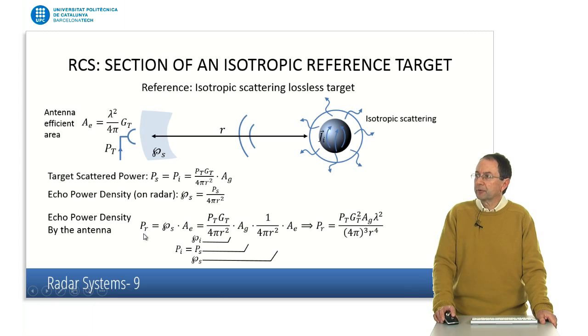So the power received by the radar antenna is just the incident power density on the antenna multiplied by the effective area of this antenna. We can cast this effective area in terms of gain, and then we get the following expression, where the received power is proportional to the transmitted one.